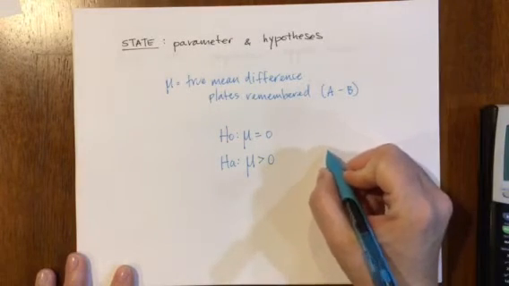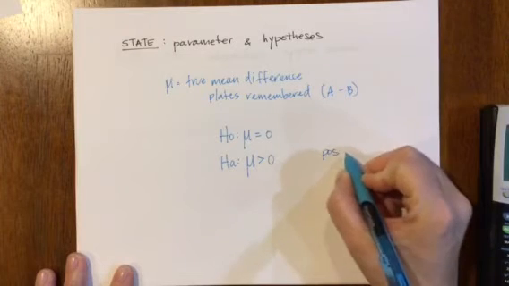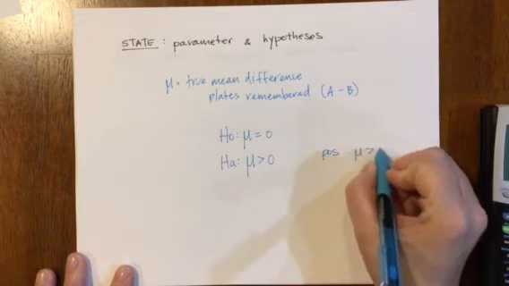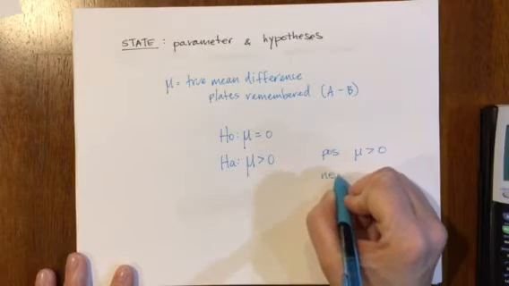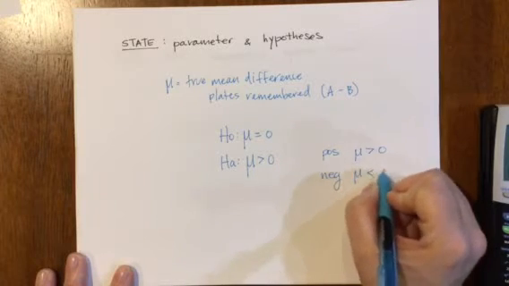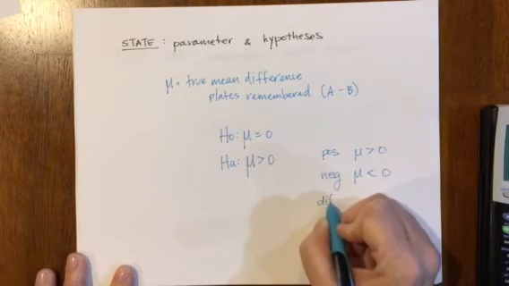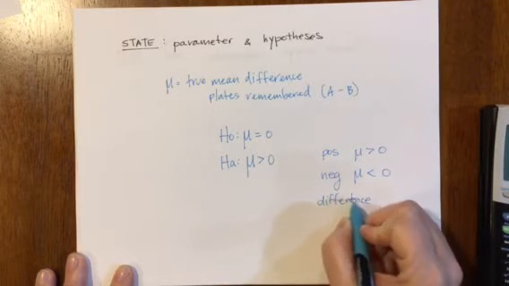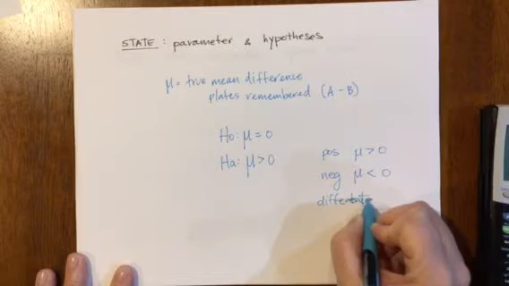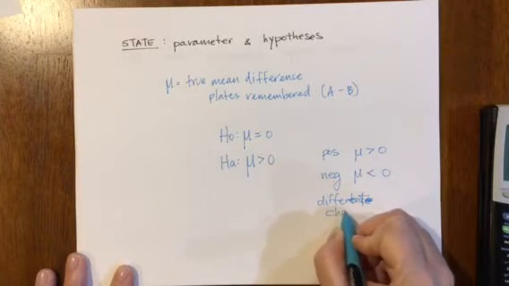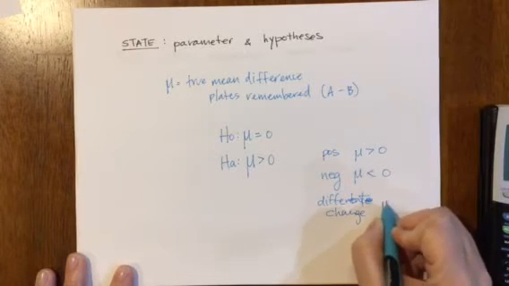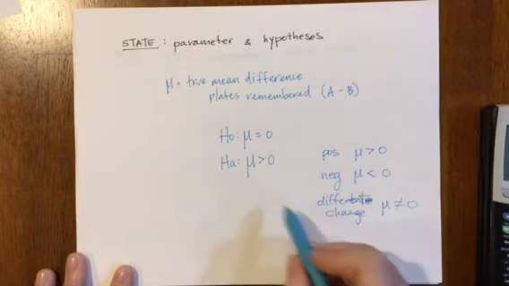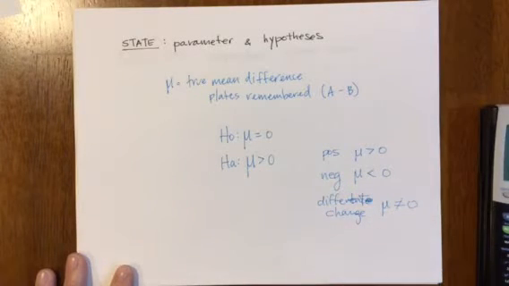Over here to the side, I'm just going to write a little quick key. If I'm trying to do positive numbers, we're going to try to prove mu is greater than 0. If we're trying to do negative numbers, we're going to try to prove mu is less than 0. And if you're trying to prove a difference, let's say different, because difference might confuse you, or change, we'll say mu is not equal to 0. But in this case, we're trying to do greater than.